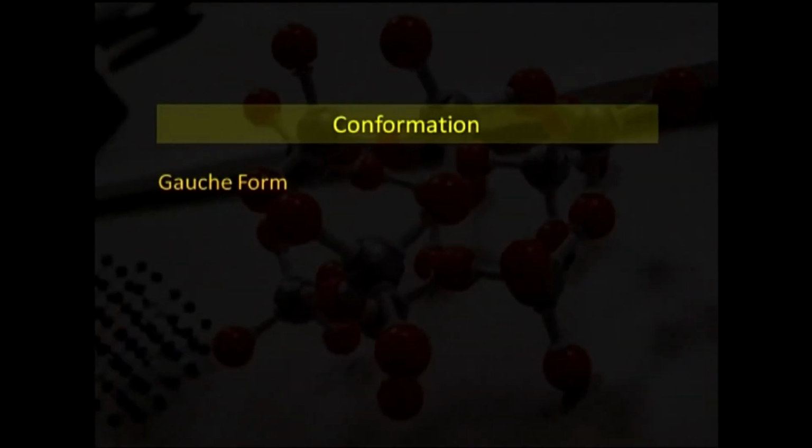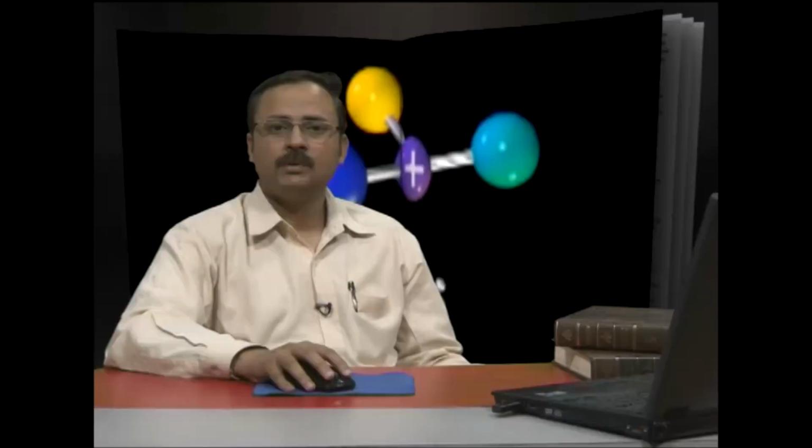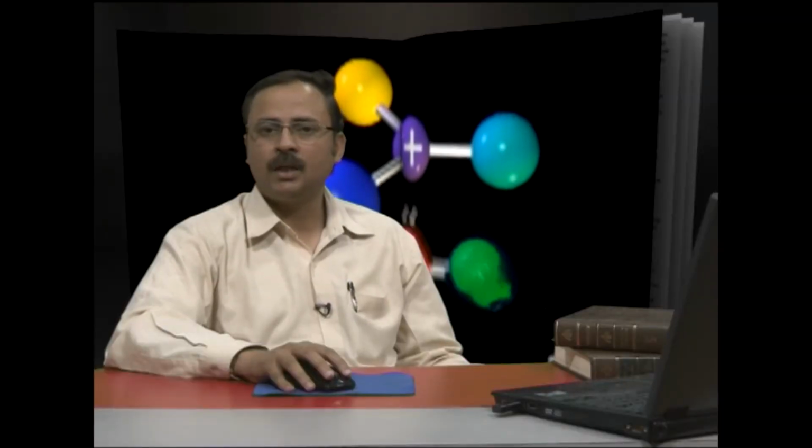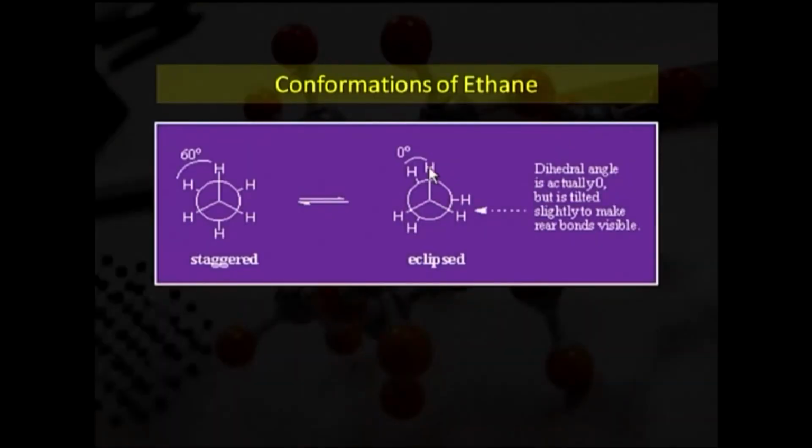Now, we will discuss the gauche form. In this, the conformation of butane in which the two methyl groups lie 60 degrees apart as viewed in the Newman projection. In the eclipsed conformation, the carbon-hydrogen bonds on the front and back carbons are aligned with each other with dihedral angles of 0 degrees, meaning these back side hydrogens have a 0 degree angle of rotation.